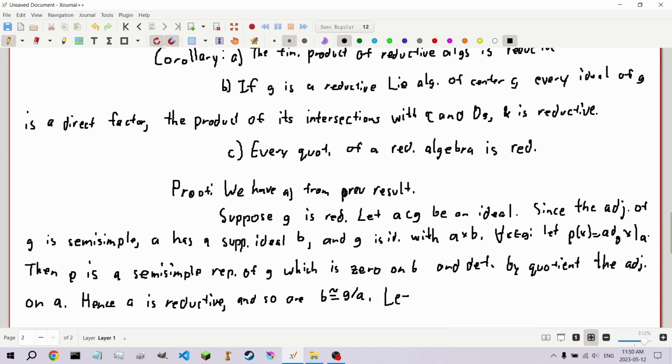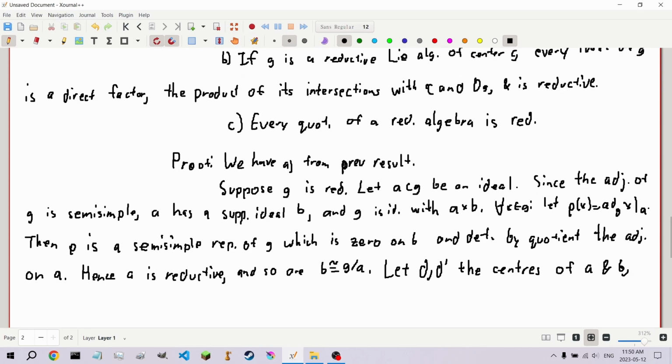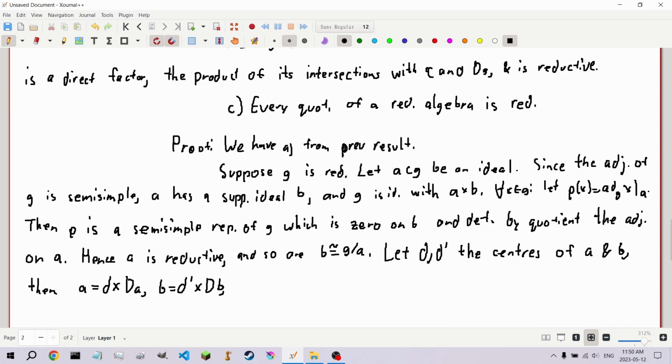Now we're going to let D and D prime be the centers of A and B. Then A is the product of D and the derived algebra of A. B is the product of D prime and the derived algebra of B. The product of D and D prime is going to be the center.